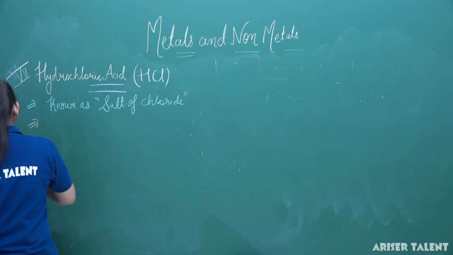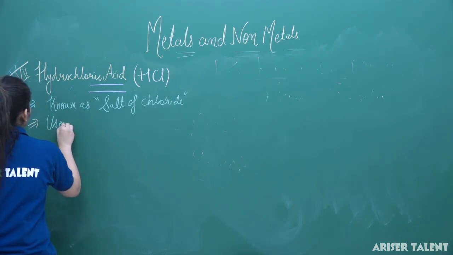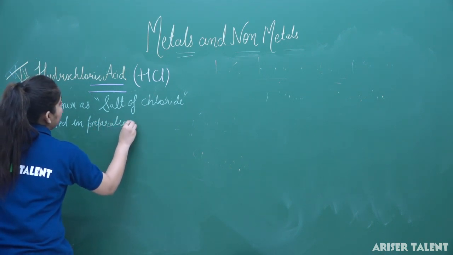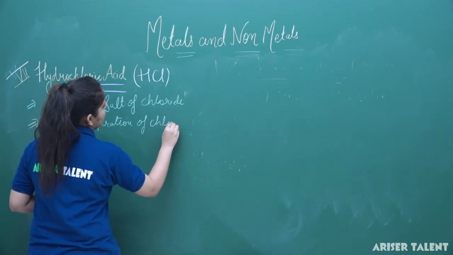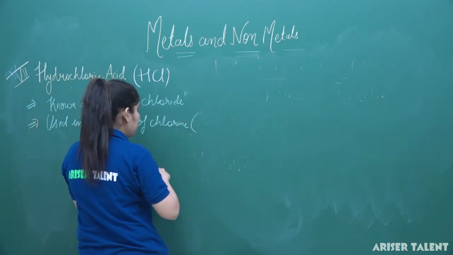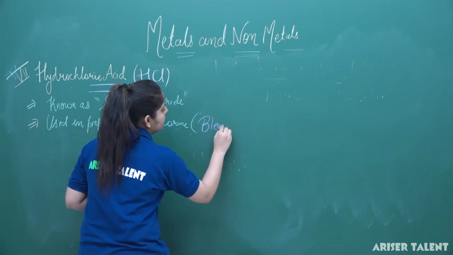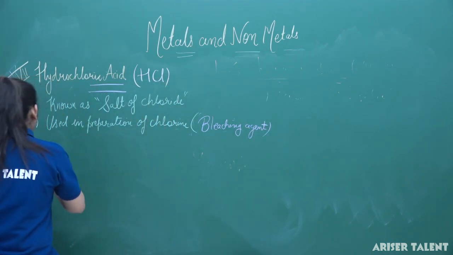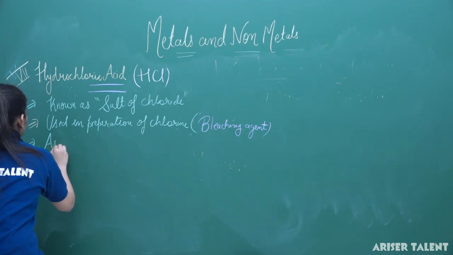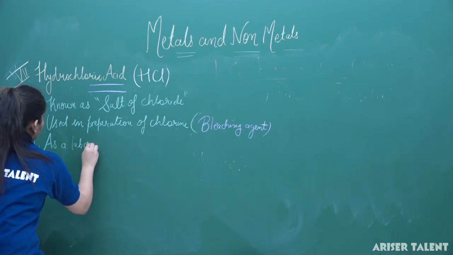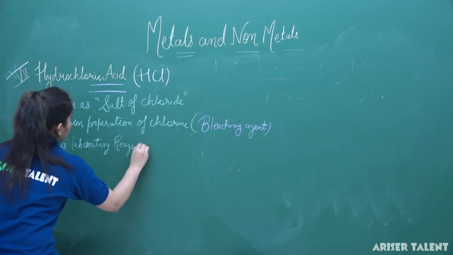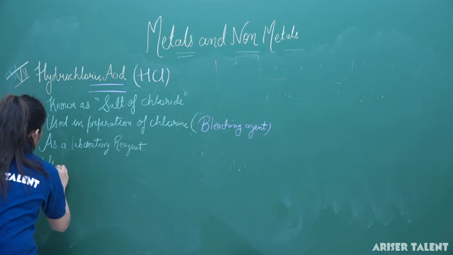Next, it is used in preparation of chlorine, and this chlorine is used as a bleaching agent. It is also used as a laboratory reagent. It is used in the preparation of gums and dyes.